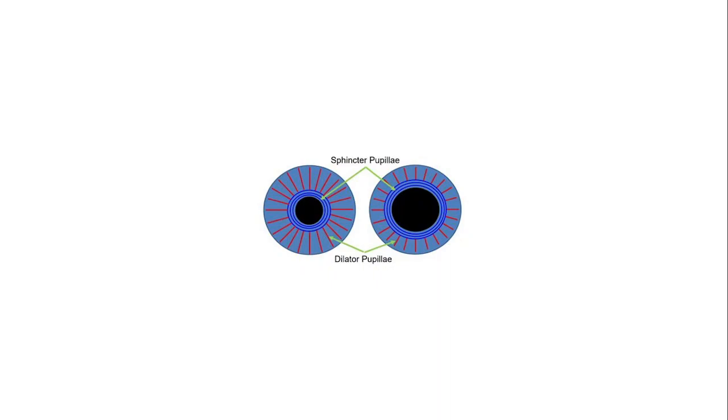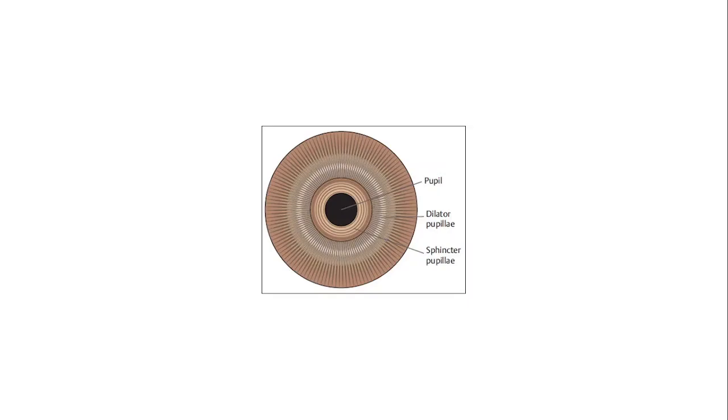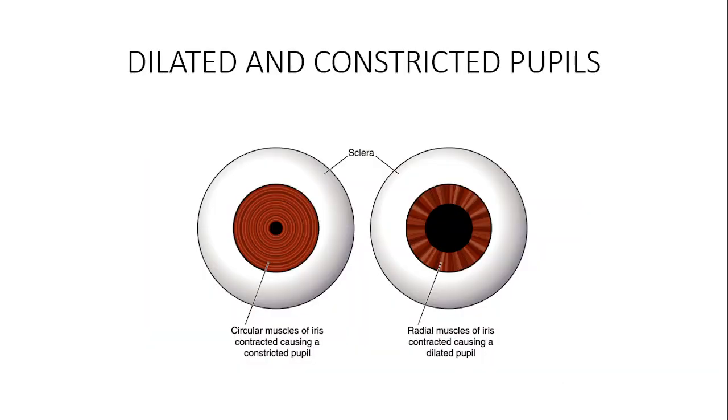Sometimes the pupil is what? Constricted, because there's contraction of the parasympathetically innervated constrictor pupillae muscle, also known as what? The sphincter pupillae muscle. When there's parasympathetic discharge, the pupil becomes what? Constricted. But let's talk about certain medications that can lead to constriction of the pupil, like you find here.